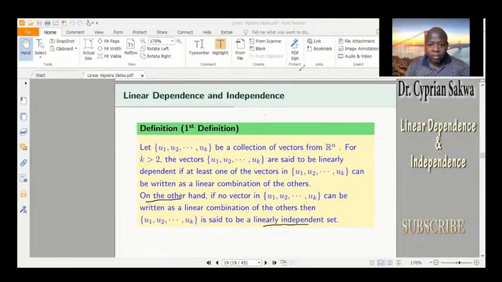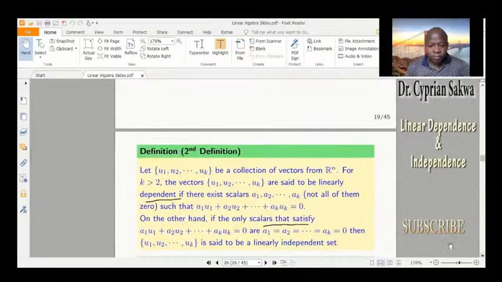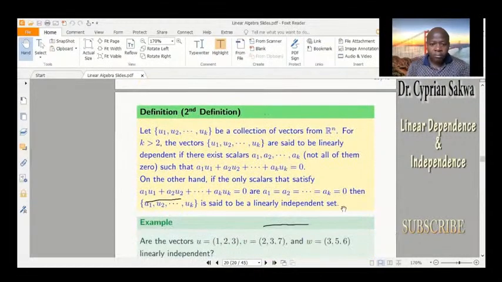So let's look at the second definition of linear dependence and linear independence.